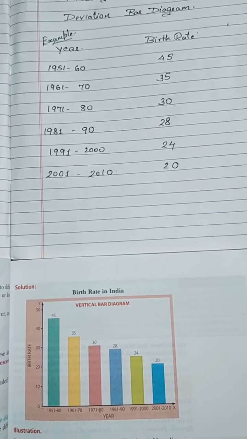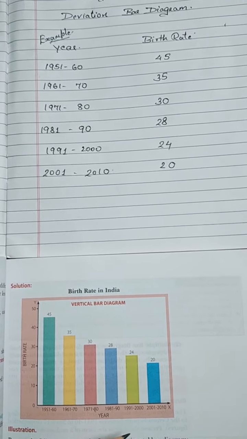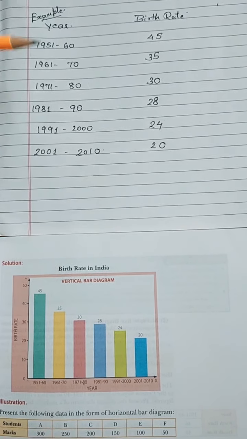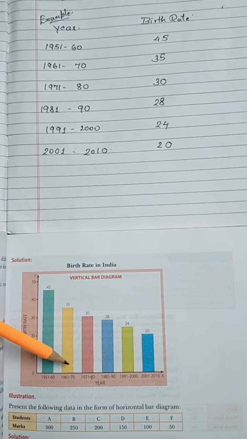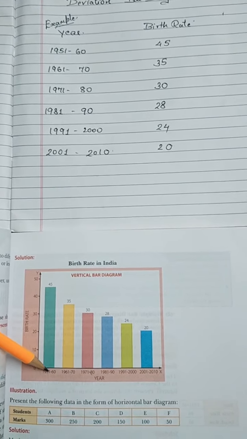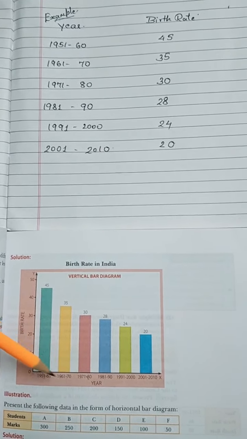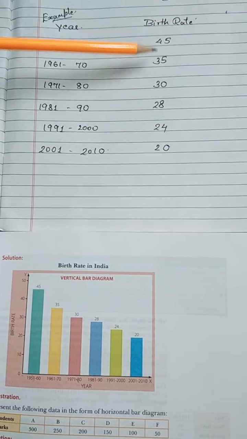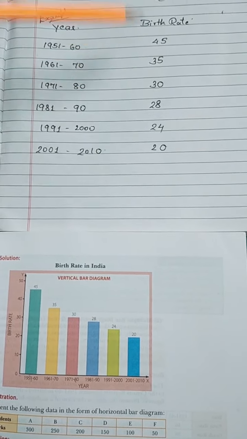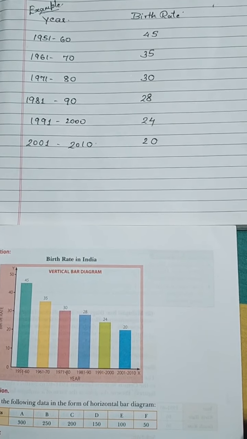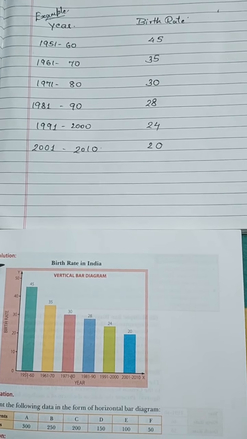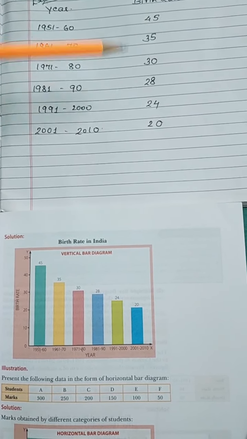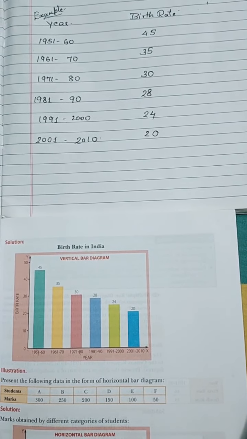So how will you plot it? You have to divide the axis for the years, that is 51, 60, 61, 70, and plot the birth rate, here 28, 20, 24, 30, 35. You have to arrange it according to the example or the question given, and whatever division you make should be equal.